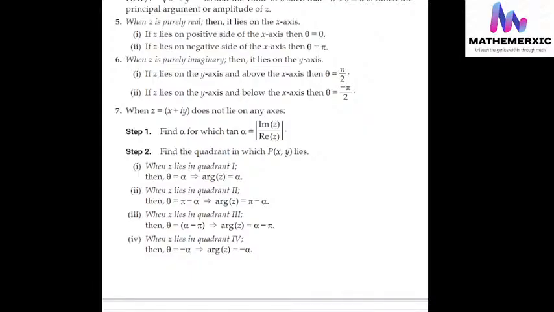Z lies in the first quadrant and theta is equal to alpha, then argument of z is alpha. If it lies in the second quadrant, theta is equal to pi minus alpha, argument of z is pi minus alpha. If it lies in the third quadrant, theta is equal to alpha minus pi, that is argument of z is alpha minus pi. And in the fourth quadrant, theta is equal to minus alpha, and argument of z is minus alpha.